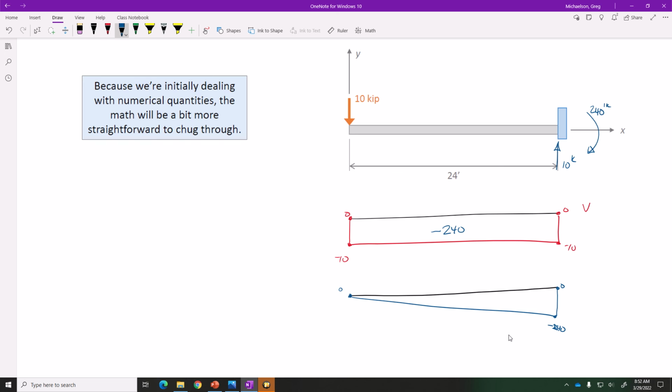So, having M of x, we know this is linear.